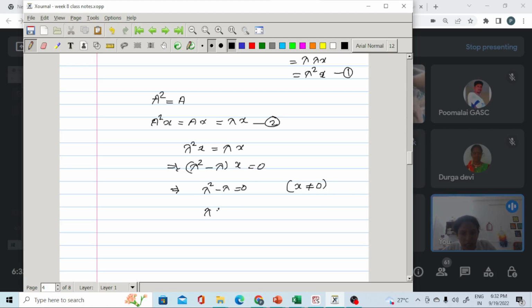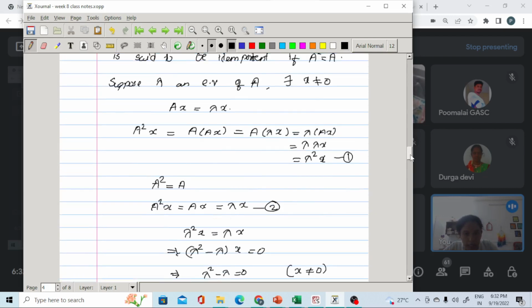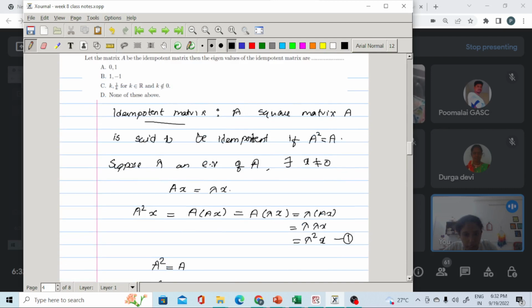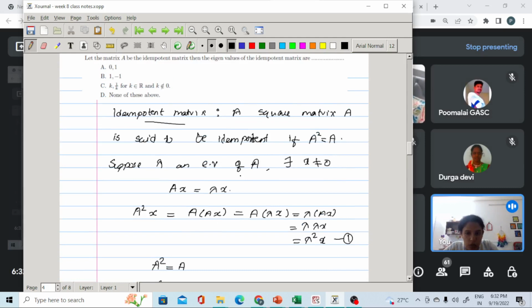So lambda into lambda minus 1 equals 0 implies lambda equals 1 or lambda equals 0. Either 1 or 0 is possible. We started with lambda as an eigenvalue, so we get lambda equal to 0 or lambda equal to 1.